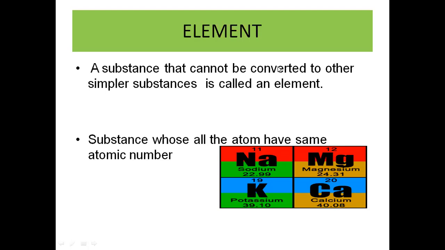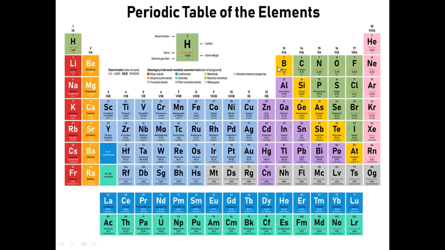All these are examples of elements. This is the periodic table, and here 109 elements are arranged. For example, hydrogen, lithium, sodium, potassium, all these are elements. We arrange all these elements in the periodic table according to increasing atomic number.